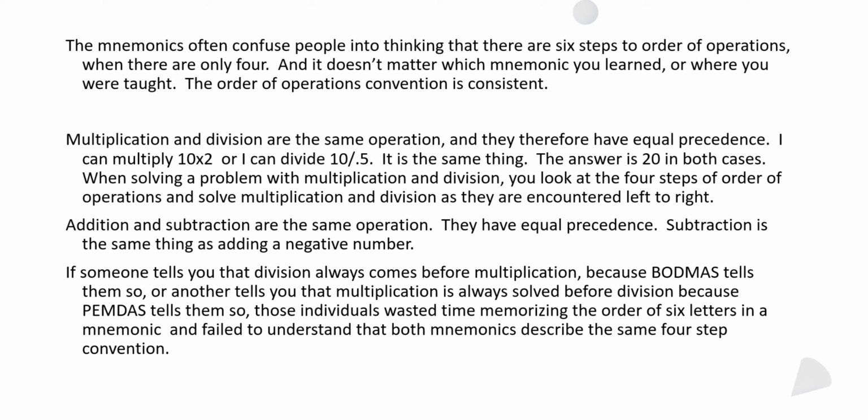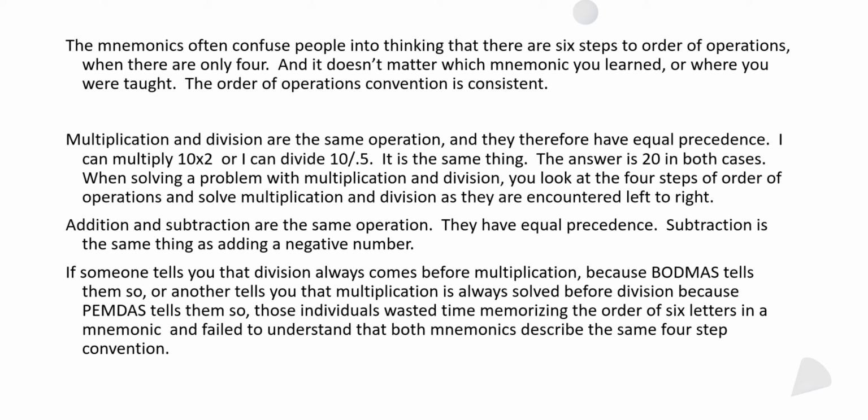Now, when you're solving a problem with multiplication and division, you look at the 4 steps of operations and you solve multiplication and division as you encounter them, left to right. Also, it's good to remember addition and subtraction are the same operation. They have equal precedence. Subtraction's the same thing as adding a negative number.